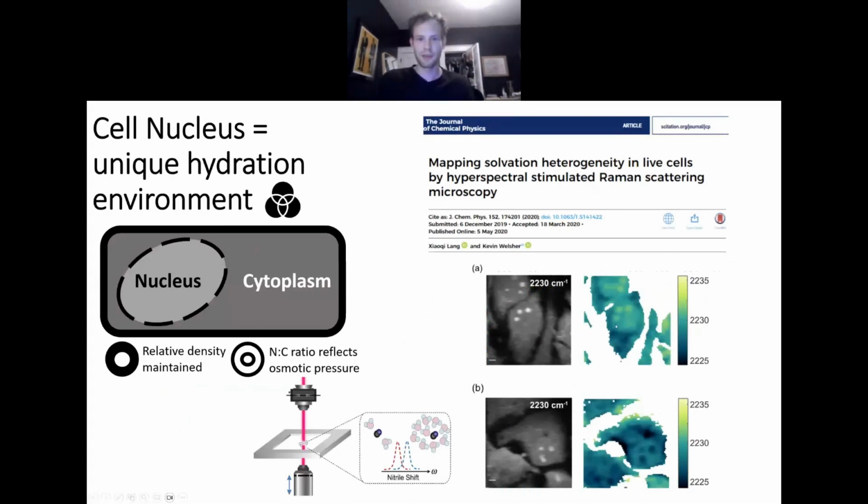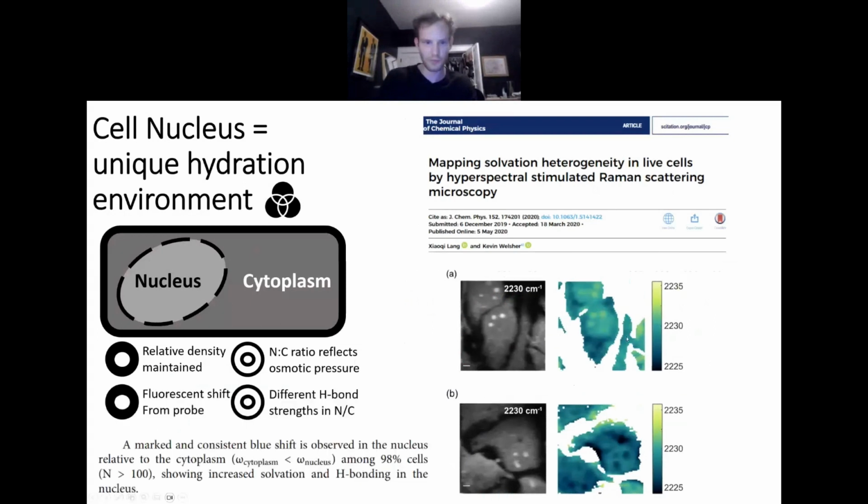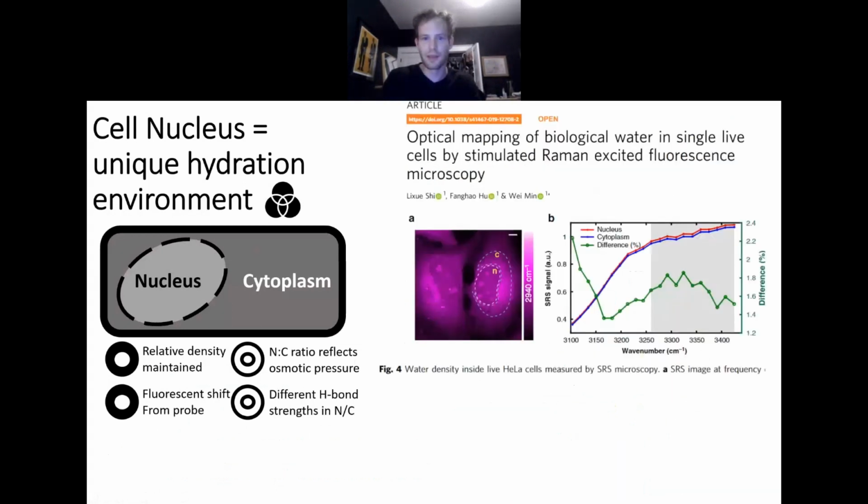And what they show is that there is indeed a difference. They can see the nucleus with a different chemical shift of that bond than the dye in the cytoplasm. They state that a marked and consistent blue shift is observed in the nucleus relative to the cytoplasm, among 98% of cells, showing an increased solvation and hydrogen bonding in the nucleus. So their dye shows increased solvation and hydrogen bonding in the nucleus, which indicates higher activity water, more available water in the nucleus.